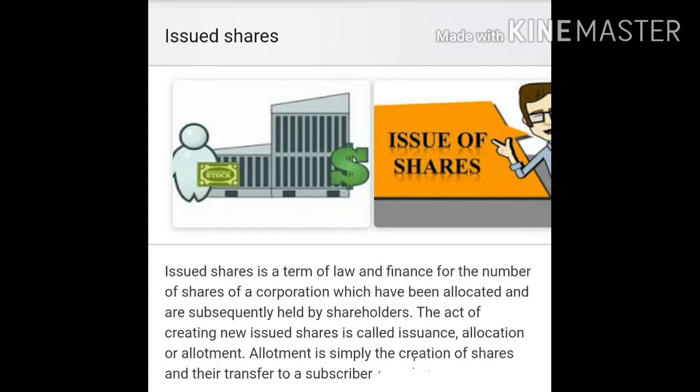Issued shares are the authorized shares sold to and held by the shareholders of a company, regardless of whether they are insiders, institutional investors or the general public, as shown in the company's annual report.